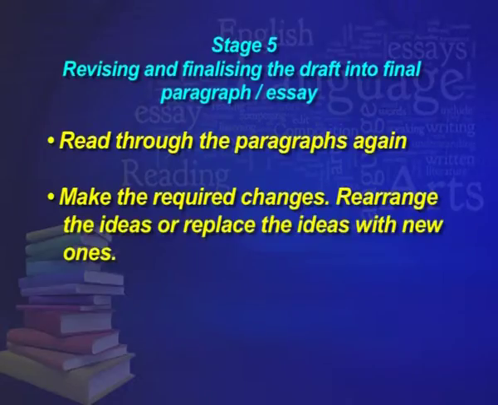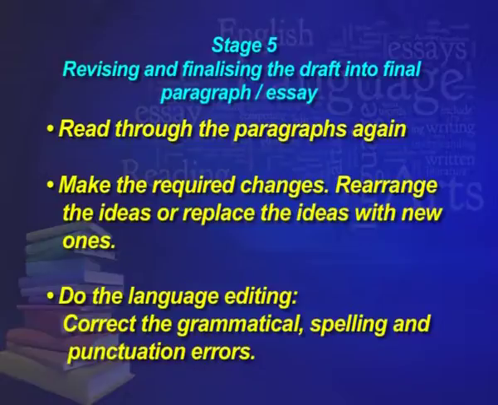You can change the first sentence to the last sentence, or rearrange the sentences to make the ideas flow coherently, or replace the ideas with new ones. Now, do the serious language editing. Correct the grammatical errors, spelling errors, punctuation errors, and once you have done it, your essay is now ready.